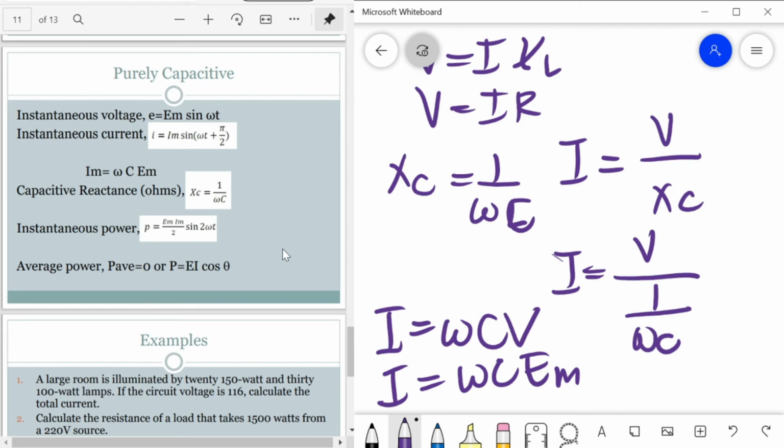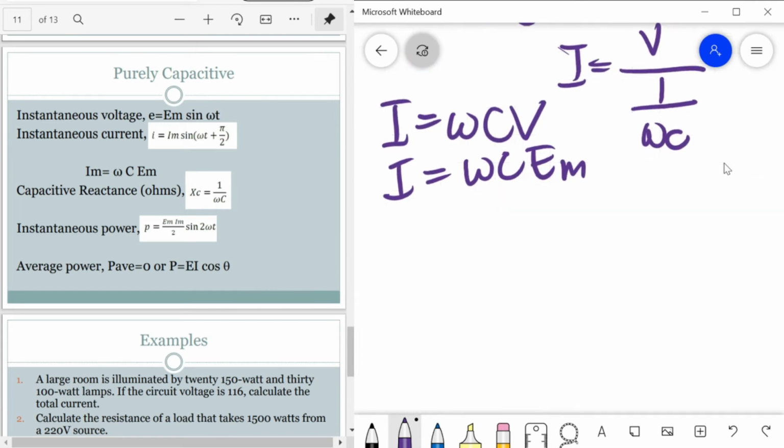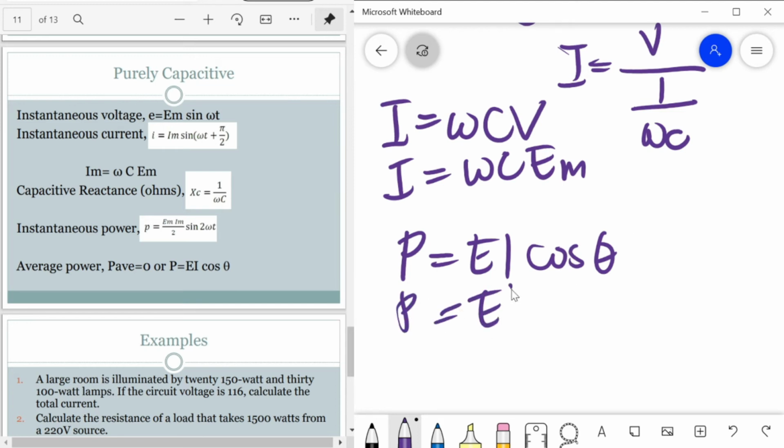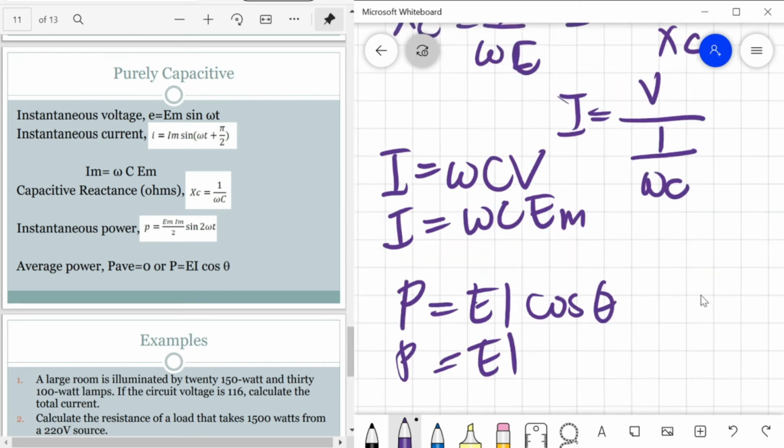Instantaneous power, P is equal to EmIm over 2 sine 2 omega t. So the average power in pure capacitive reactance is also equal to 0, because P is equal to EI cosine theta. Again, our cosine theta is equal to 0 because this is 90 degrees.